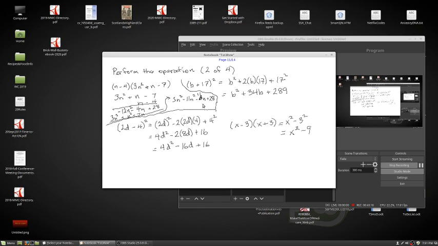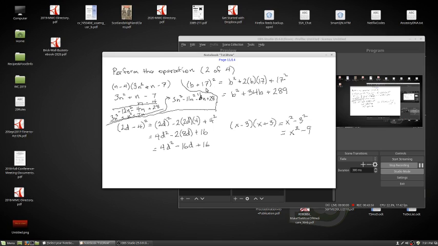I just thought this might be easier, so I thought I'd show it to you this way. My apologies for not cleaning my glasses before I went ahead and finished this. Okay, so that's just a binomial times a trinomial.